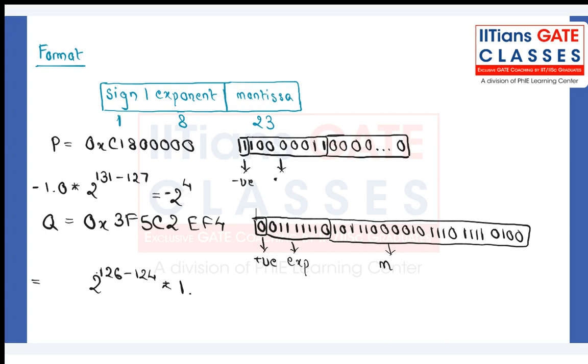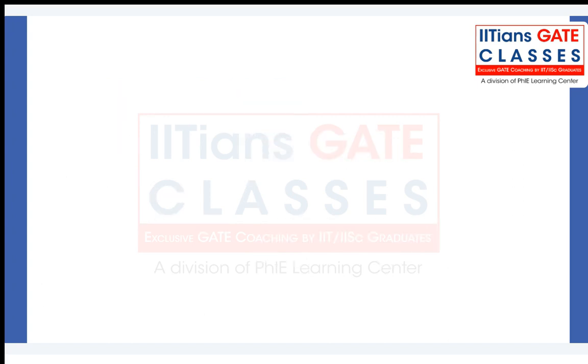When you are multiplying these two numbers, this was 1 only, right? So if you multiply P times Q, you get 1 dot m only.